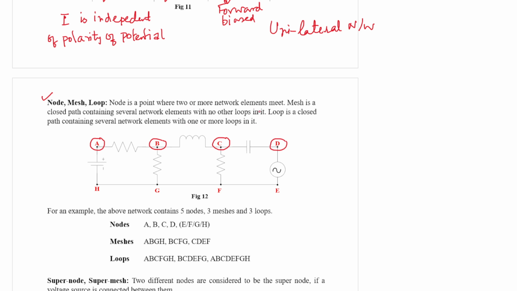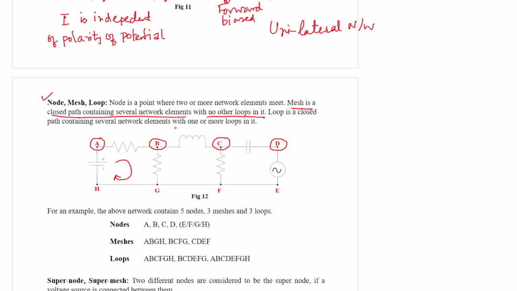What is a mesh? A mesh is a closed path containing several network elements with no other loops in it. That means a mesh is an elementary closed path.